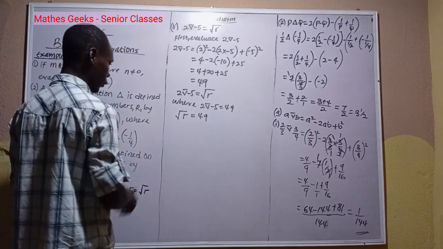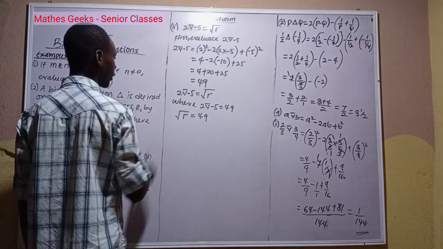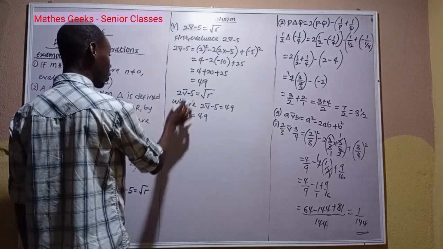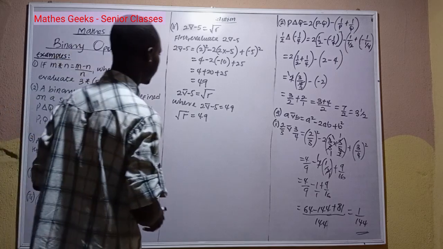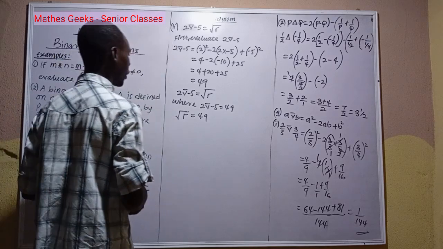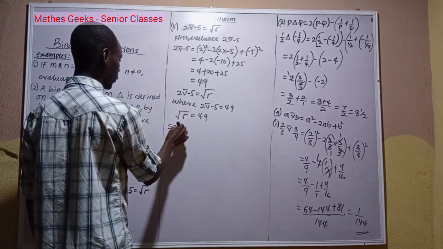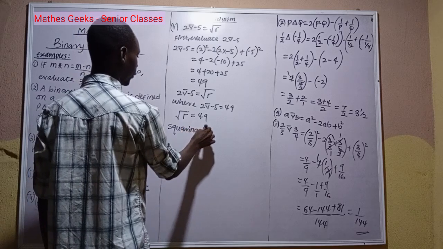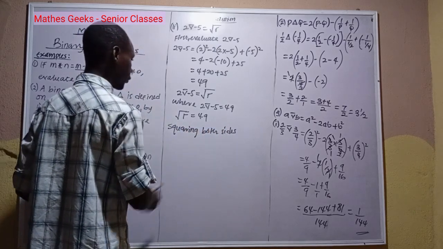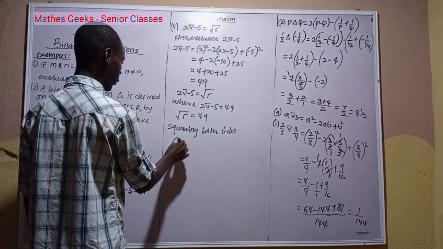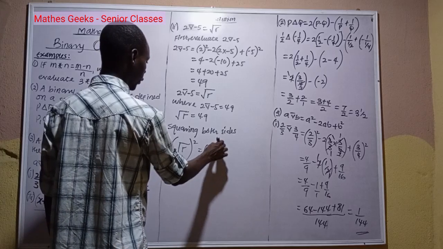That's what it implies. Okay, so next for us to get r, we need to eliminate the square root sign. To do that, we need to square both sides, to be able to eliminate the root. So squaring both sides, I'm going to have root r squared and 49 squared.